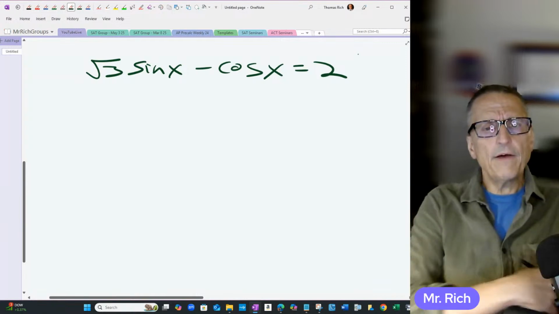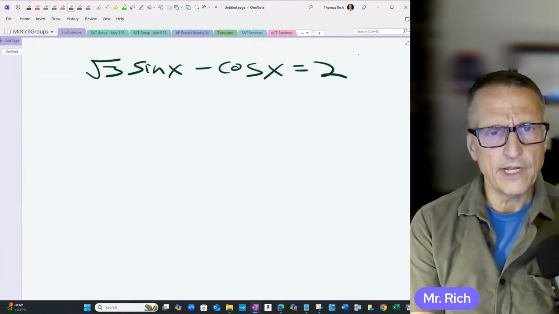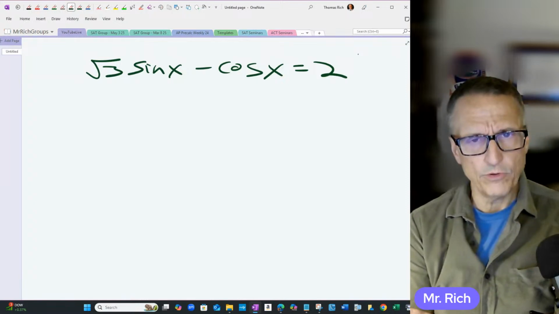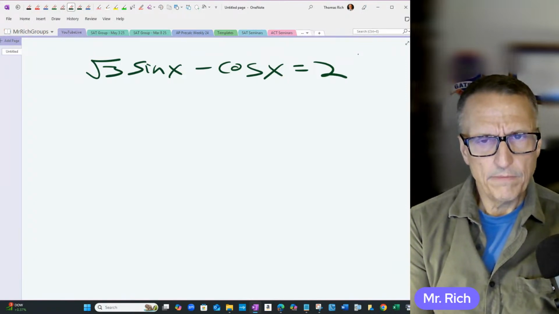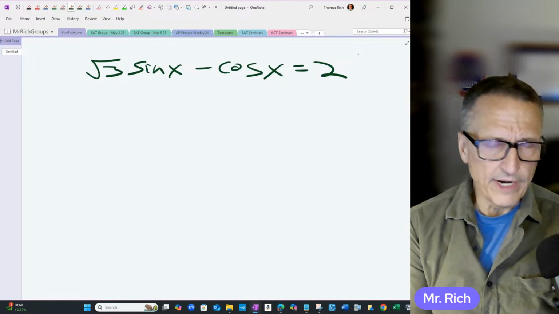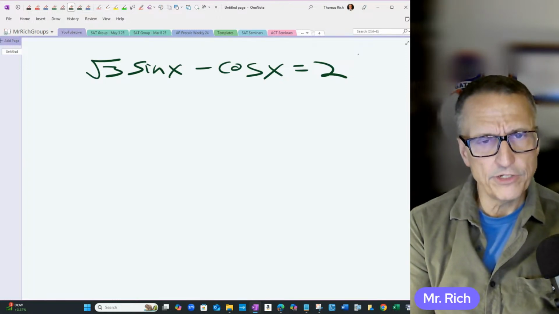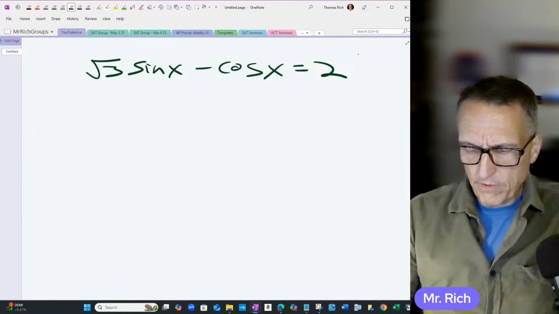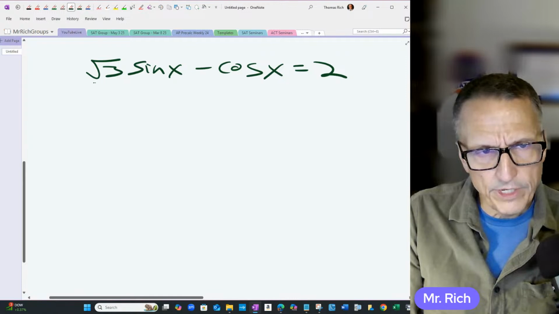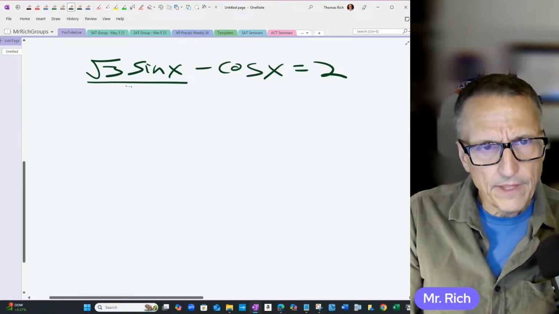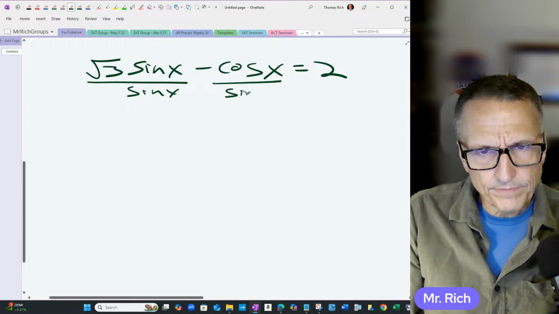All right, so now the reason why this would be challenging is if we're trying to solve for x, I have a sine and a cosine. And I want to try to get myself down to one trig function in my equation so I could solve for x. Now, yesterday I worked a problem where it worked out where we could maybe divide everything by sine x.